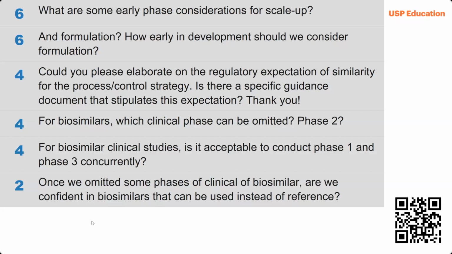Ultimately the release specifications are in some ways related to the original innovator product. But in my mind, as long as your process control strategy produces what it's supposed to per your release specifications and in-process specifications, I don't know if there's any expectation that those need to be exactly similar.